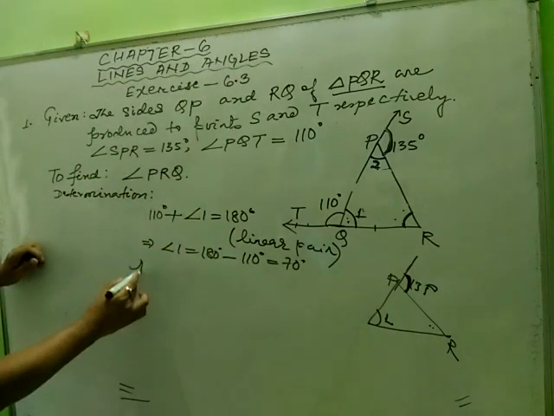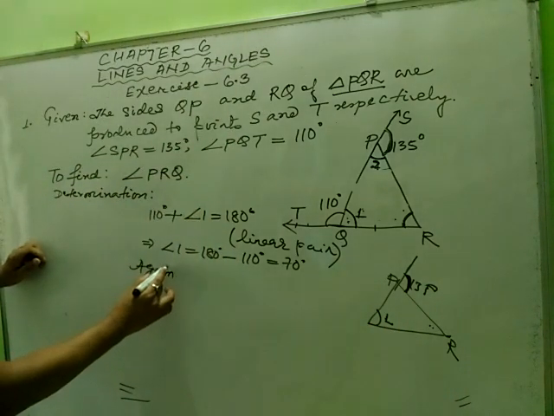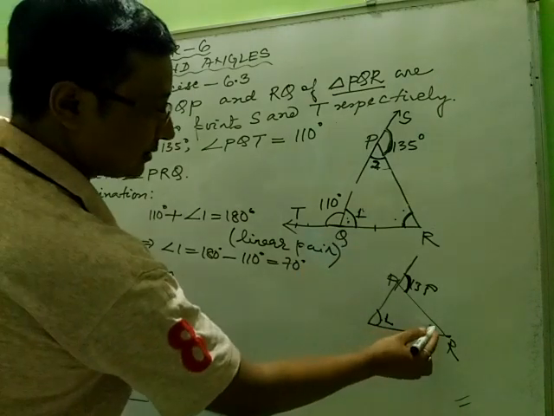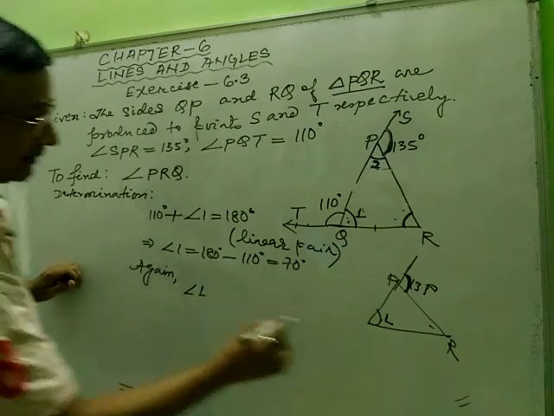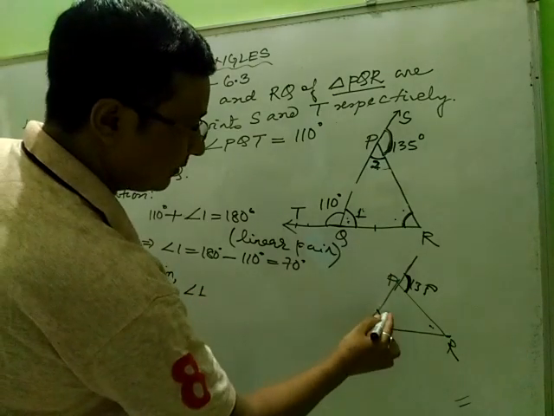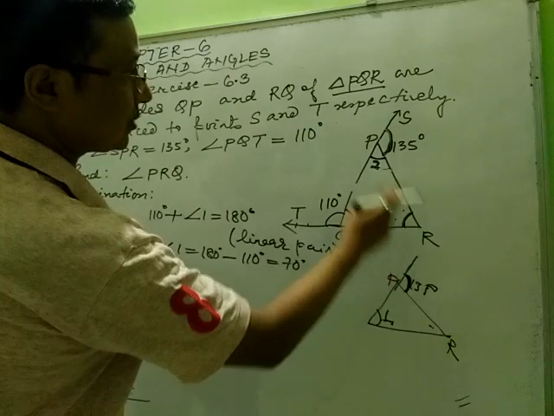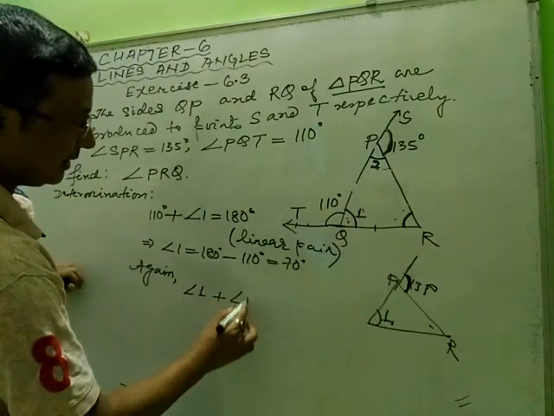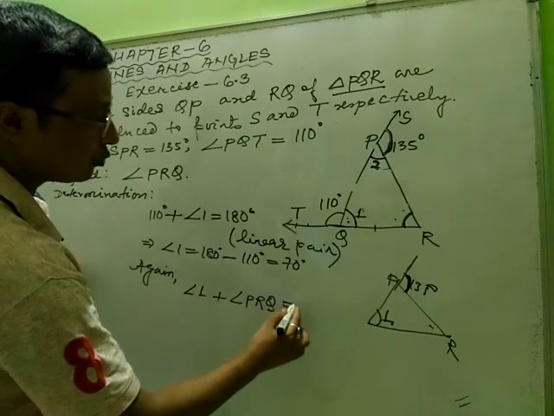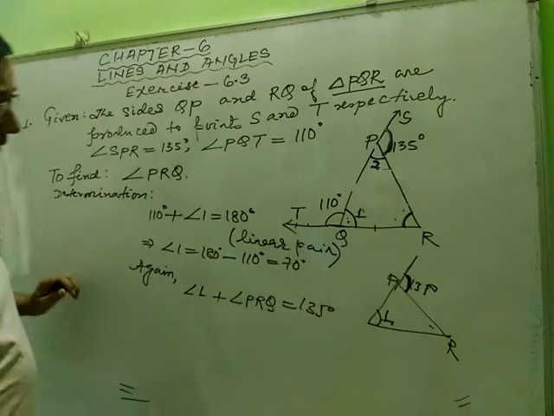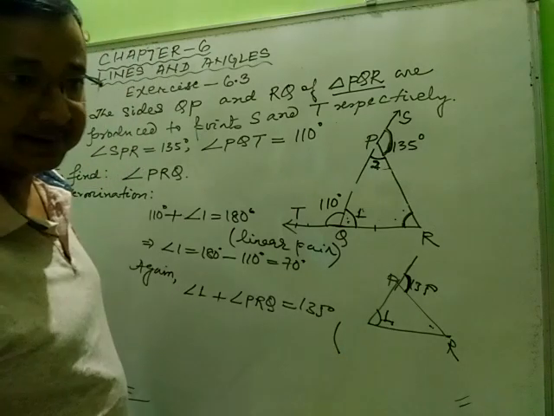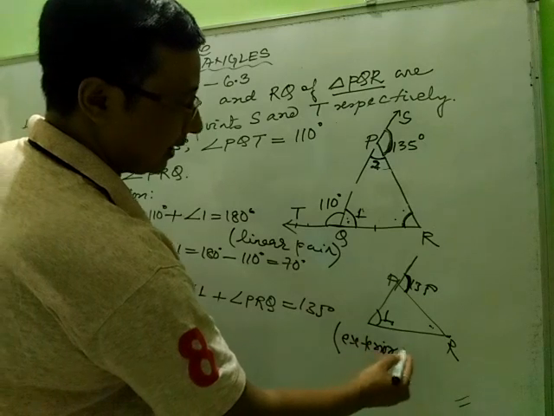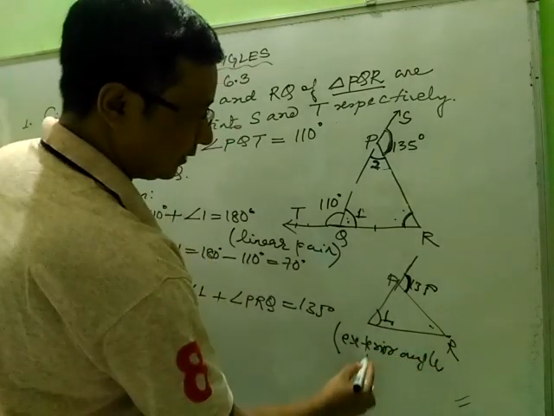So now again, taking these two angles, this one is angle 1, plus this R, so plus angle PRQ equals 135 degrees. You have got this in class 7, it is due to the exterior angle theorem.